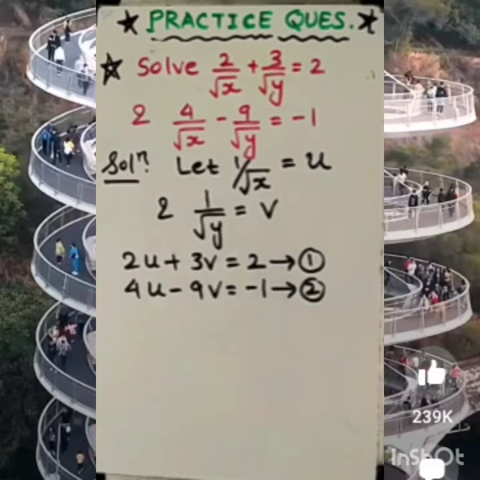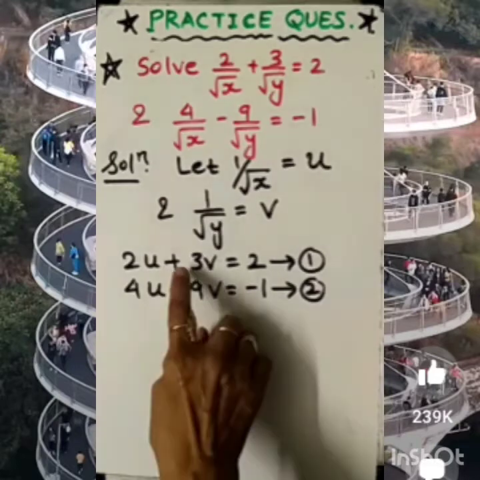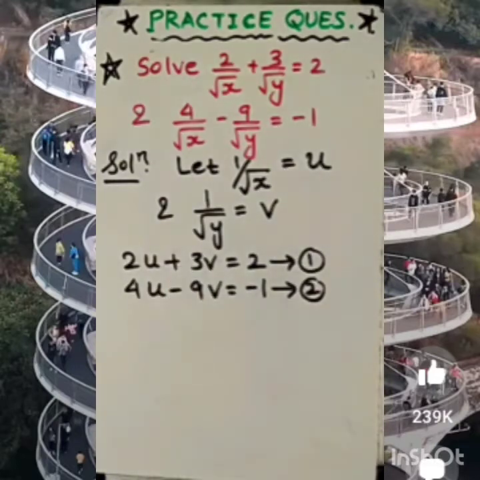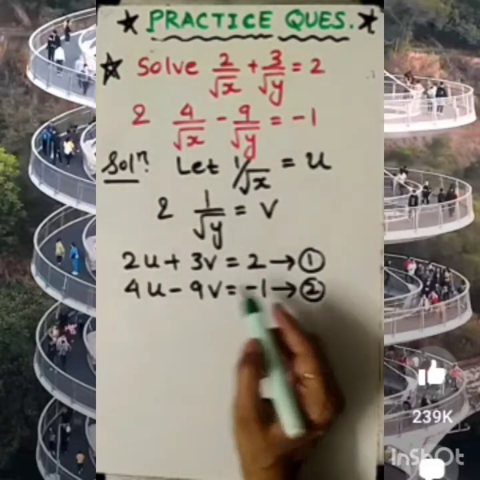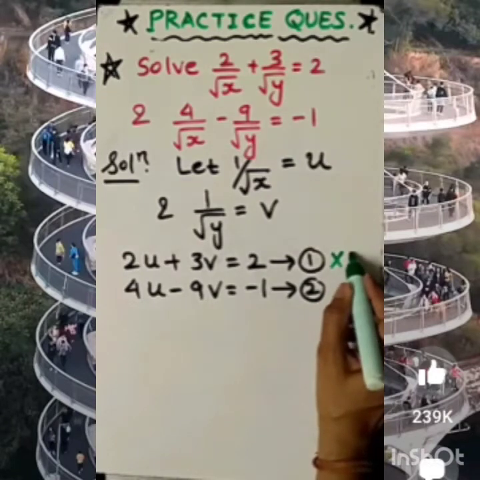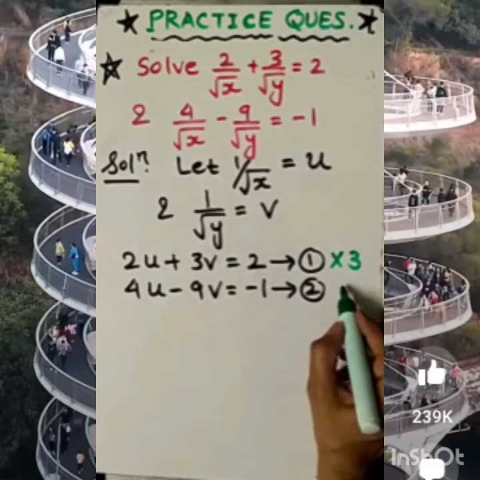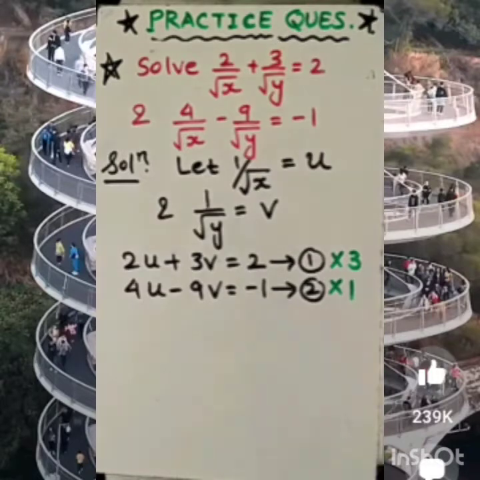Clear to you? So my dear student, now the equation is in linear form, so it's very easy to apply the elimination method. For that, here it is already in opposite sign, so let me eliminate v. If I want to eliminate v, then I need to multiply first equation with 3 and second equation with 1.